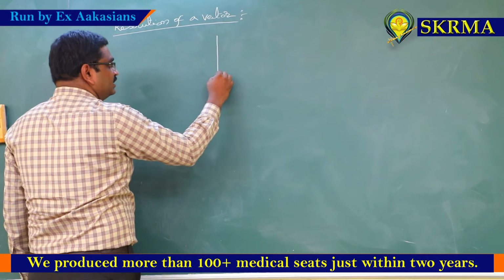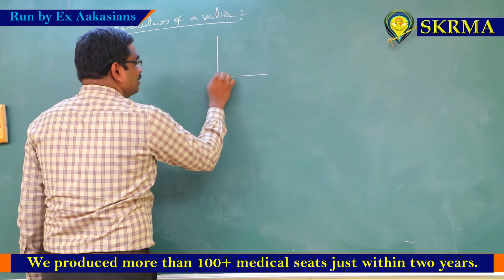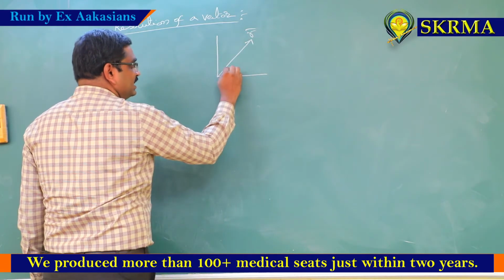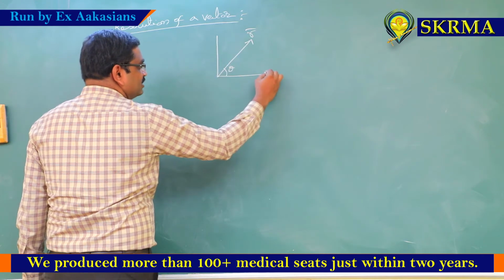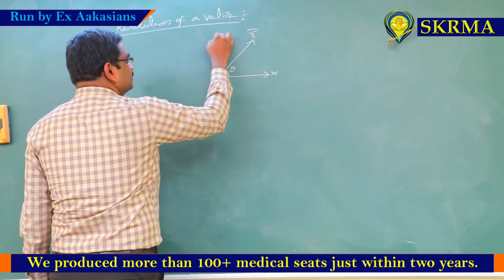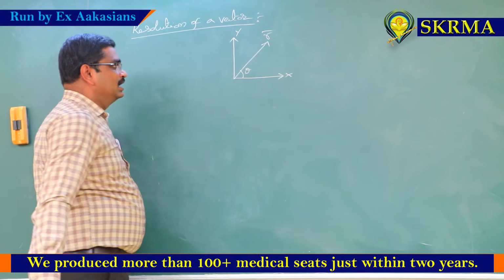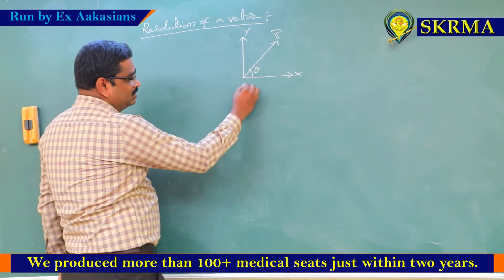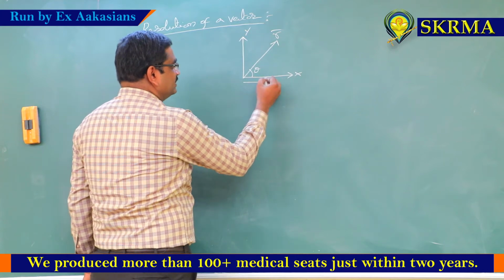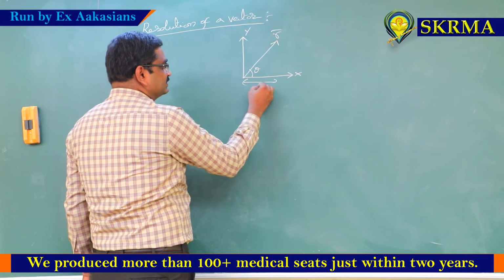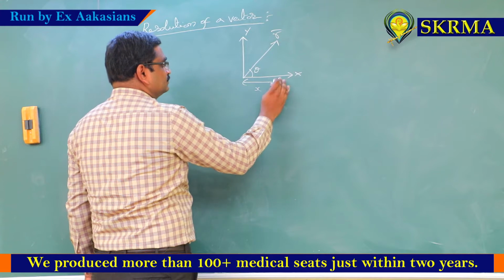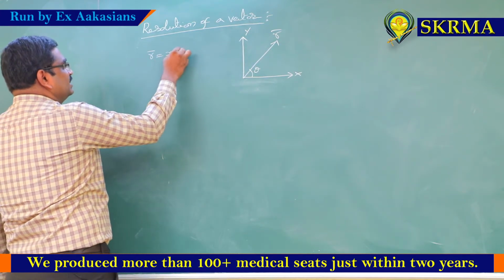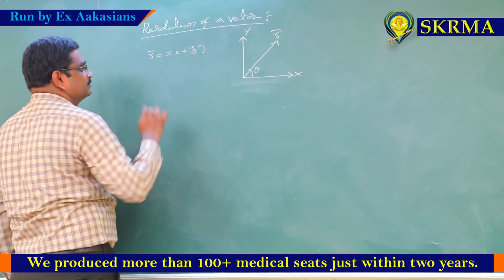So assume a position vector, let it be r bar, making an angle theta with the horizontal or x axis. In this case, r bar is making an angle theta with the x axis. Now the length of this is, let it be x. Our position vector is, let it be r bar equal to xi plus yj.